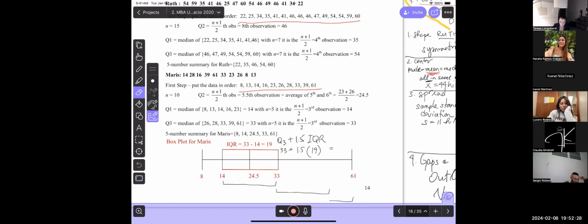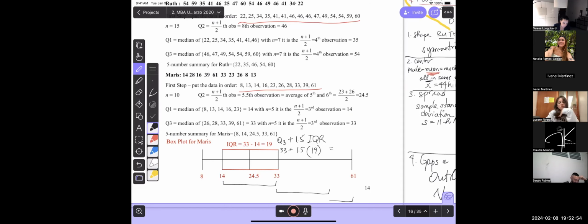What is 1.5 times 19 plus 33? $61.5. Oh, so it passes.